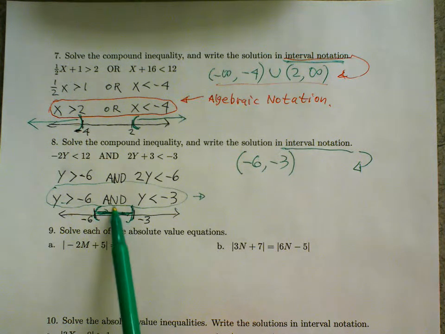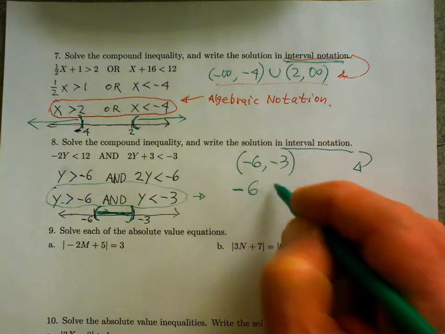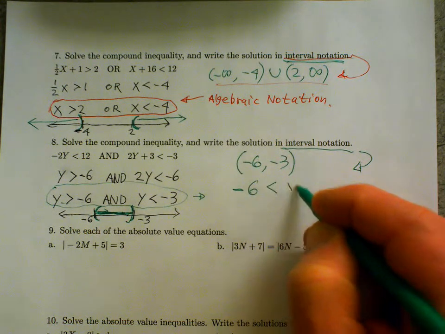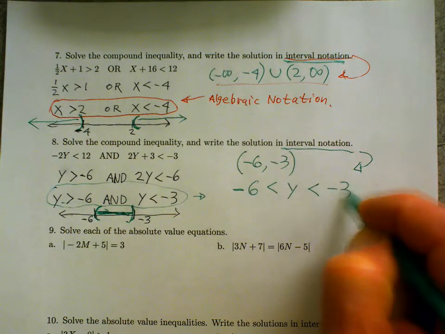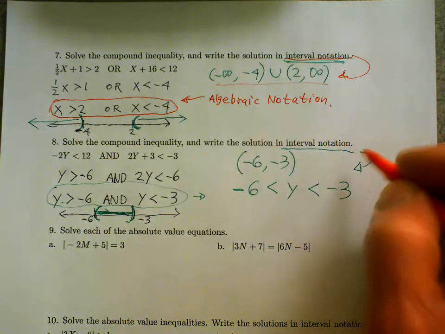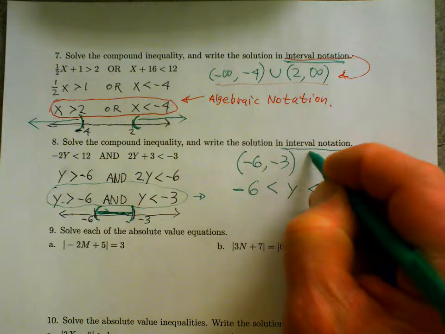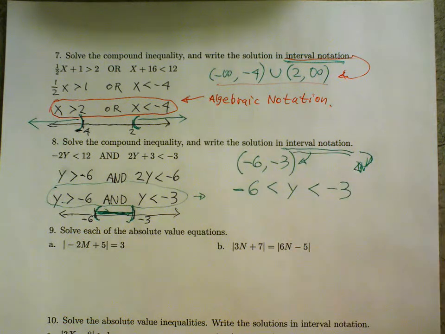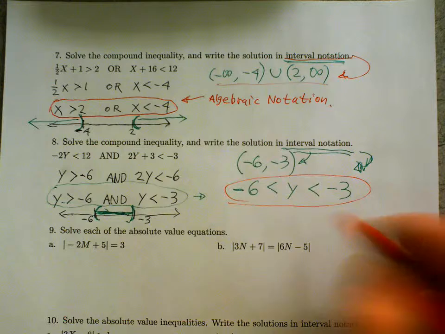If y is in this interval, then negative 6 is less than y, which is less than negative 3. Okay, so this up here, this is the interval notation, and this is the algebraic notation.